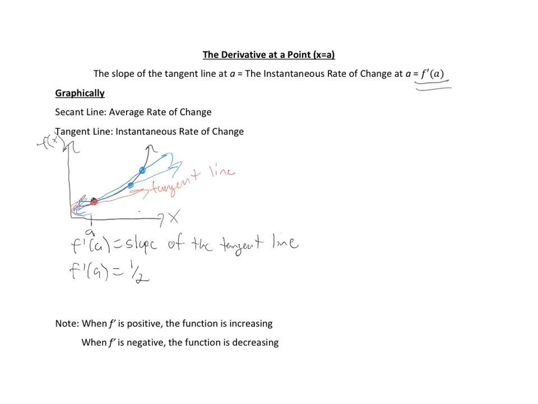Now let's look at a different example of a function. Let's say we're going to graph a different function. But now this function is actually doing something like this. And so let's say I picked A to be this point.